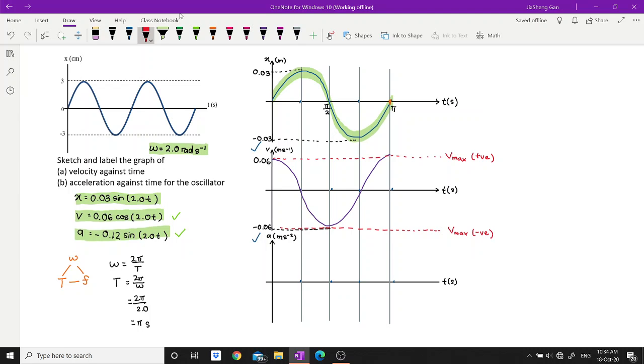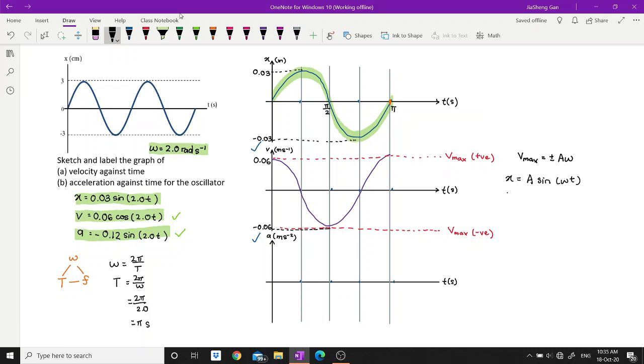So what is this Vmax? We usually say Vmax is equals to plus minus A omega, right? So how does this equation come into place? Actually, you can derive it also. You know that the general formula for displacement is A sine omega t.